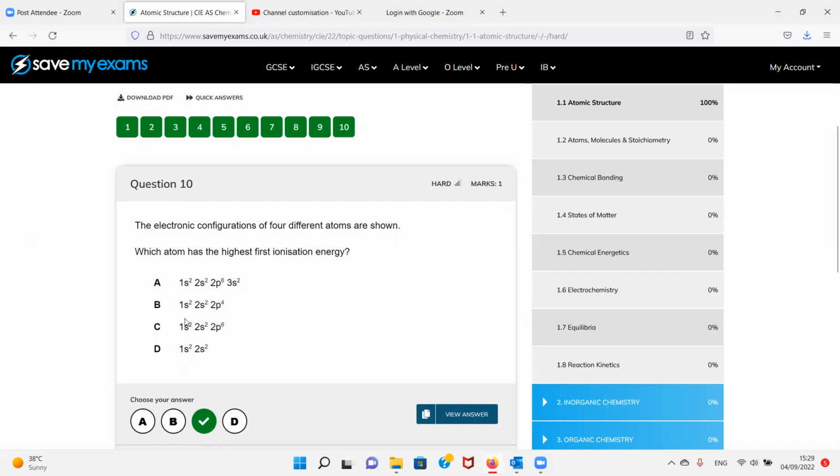Now, this will be C. Here it will be the highest because you have the second orbital, which is filled. This atom is very stable, and therefore, basically, it will be the most difficult to ionize.